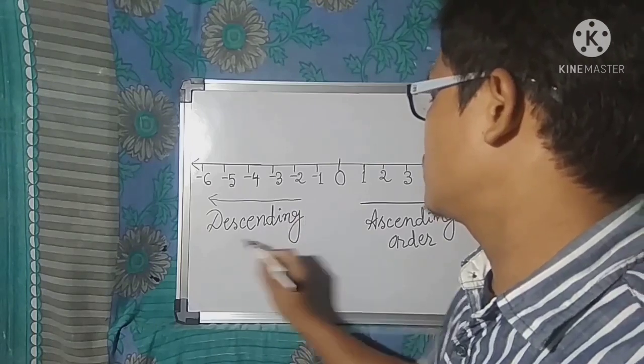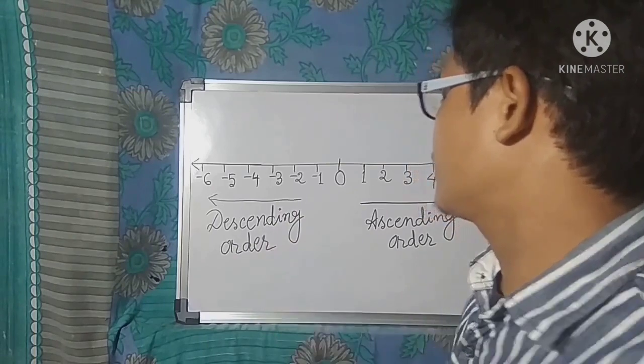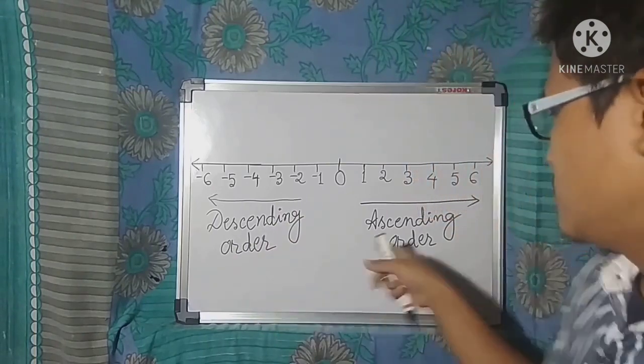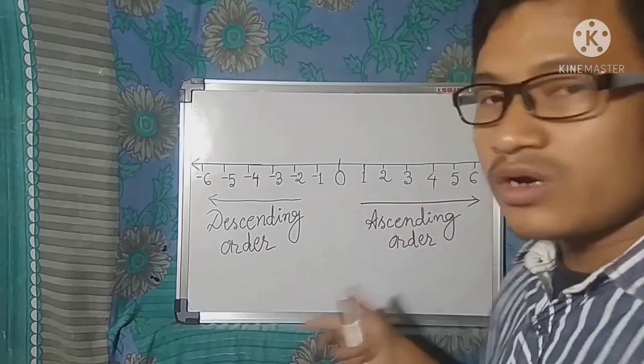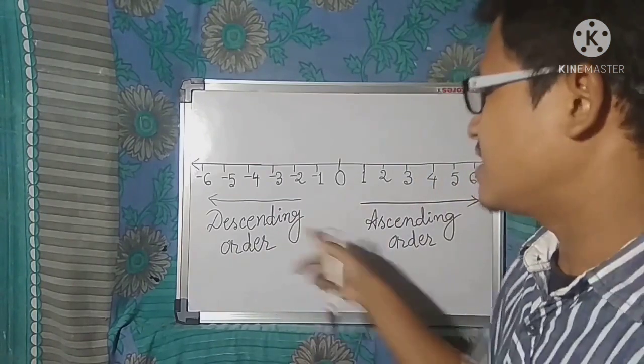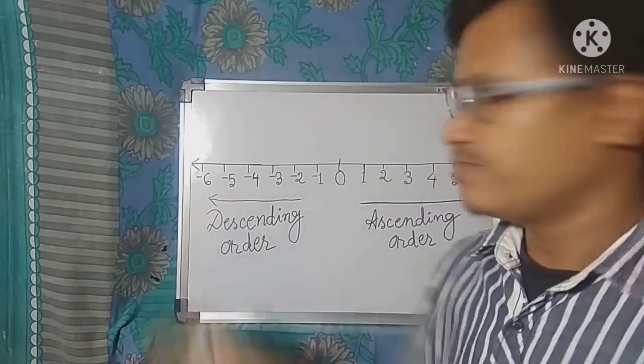So ascending order means smaller to larger, and descending order means larger to smaller.